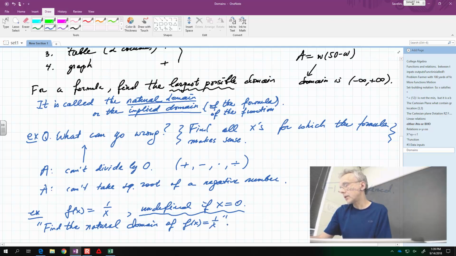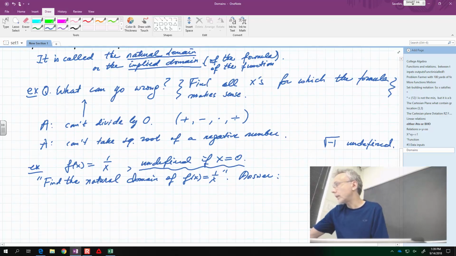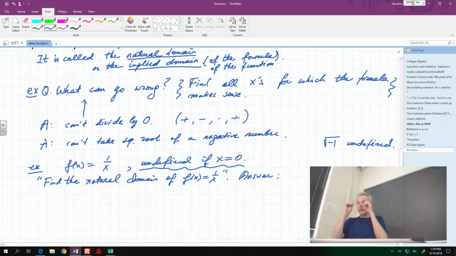Okay, so then the answer is, you have to point out what that set is. Remember, the domain is a set, so you have to be specific. You remember, we studied that set building notation in order for us to be able to produce these sets on demand. And so you can still use just words.